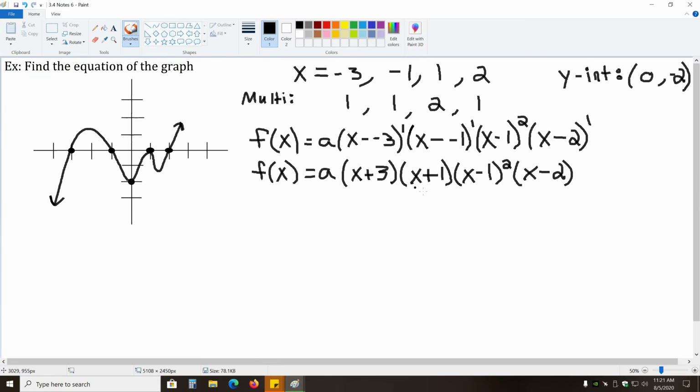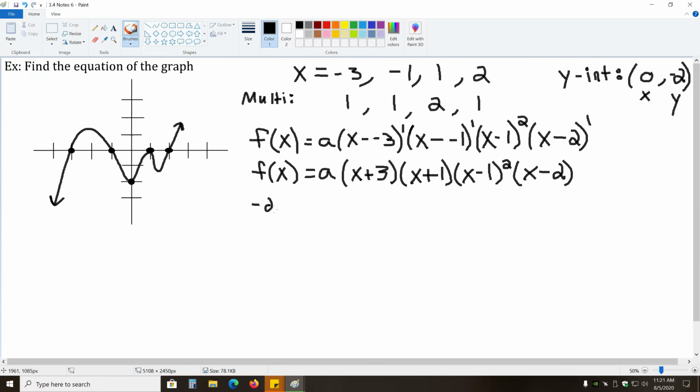And we do not have to worry about multiplying all of this out. We can leave it just like this. All we need to do from here is find our a value and the problem's complete. And remember, we find a by plugging in the y-intercept. So we're going to plug in 0 for our x value and -2 for the function value.